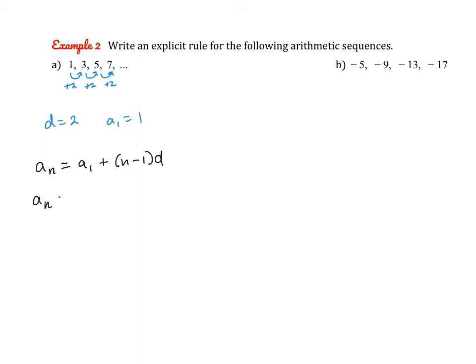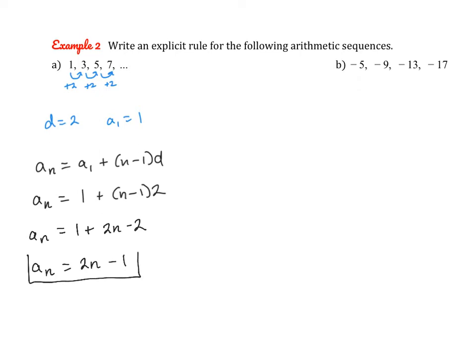So a sub n equals a sub 1, which is 1, plus n minus 1 times the common difference, which is 2. From here, all we need to do is distribute and combine like terms. So we have 1 plus 2n minus 2. This gives us a sub n equals 2n minus 1. And this is our explicit rule for that sequence.